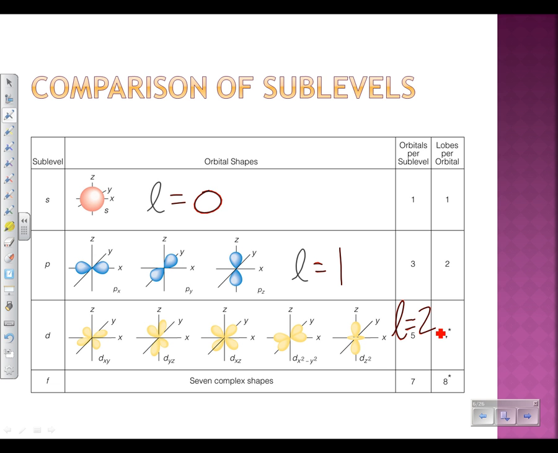We start seeing that patterns start showing up in how these electrons settle around the nucleus. And then the last type of sublevel is the F sublevel, which we represent with L equals 3, but they're pretty complex as far as the shapes are concerned. So we're not going to get into that too much as far as what they look like.